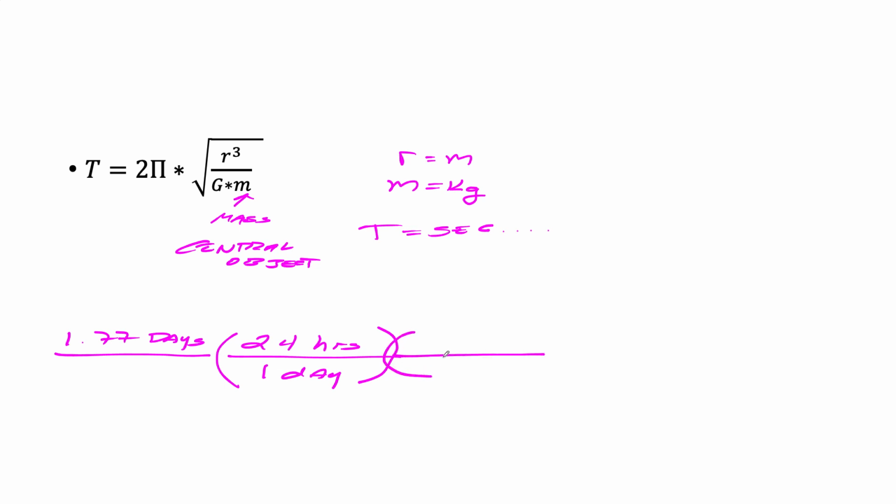Then for every hour we have 3,600 seconds. We need to convert these to seconds, guys. So 1.77 days, 24 hours in a day, 3,600 seconds in an hour. So we do all the multiplication, 1.77 times 24 times 3,600, and we're going to have 152,928 seconds.